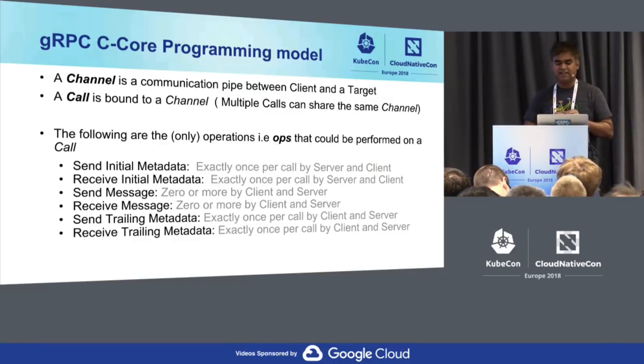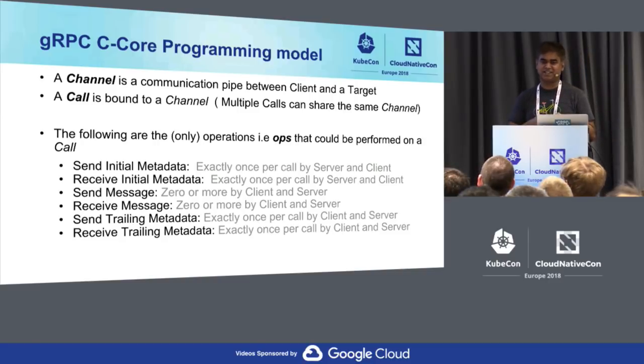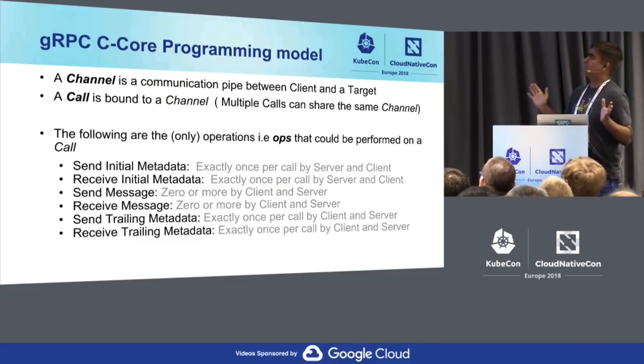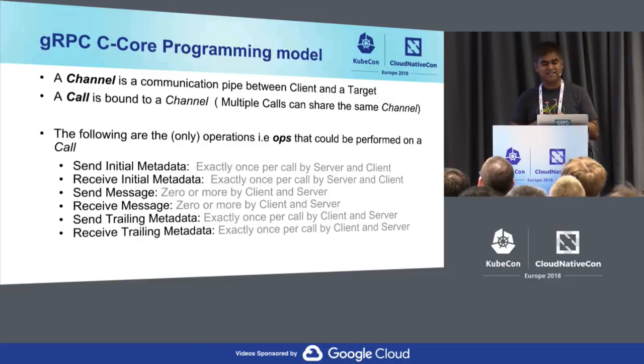A channel is a communication pipe between a client and a target, and I'm deliberately not using the term connection to describe a channel; we'll get into it later. A call is bound to a channel. The relation between a call and a channel is many to one, so that means you can have multiple calls on the same channel. And then you have a bunch of operations that could be performed on a call.